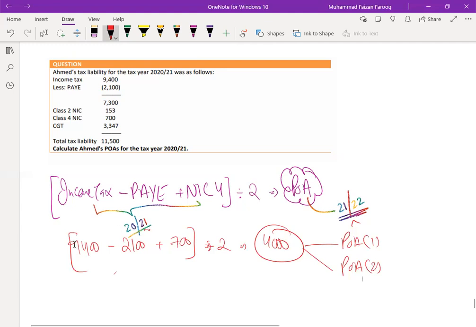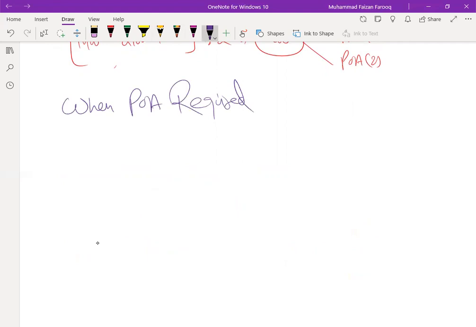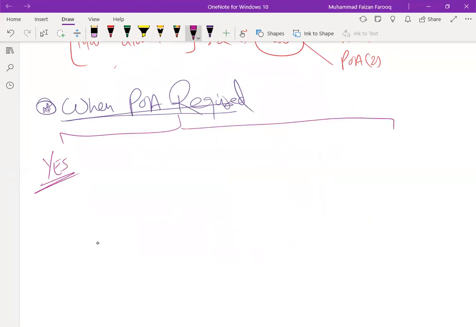Now the examiner is asking one more question: when is POA required? We learned how to calculate POA, but are we required to pay tax in POAs or not? If POA is not required, you need to pay in one shot, one time payment.